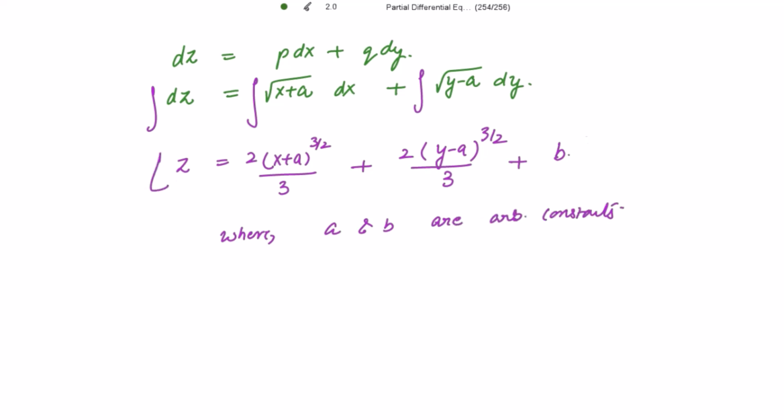So this is the required complete integral.